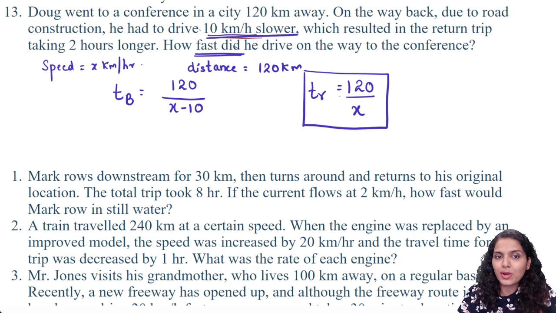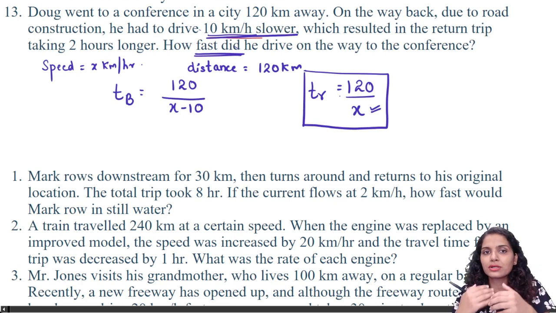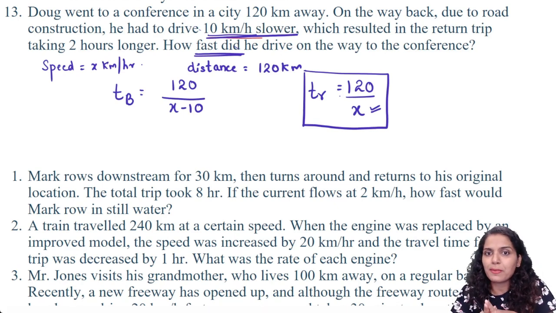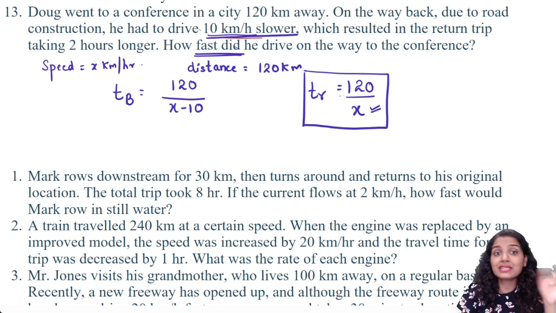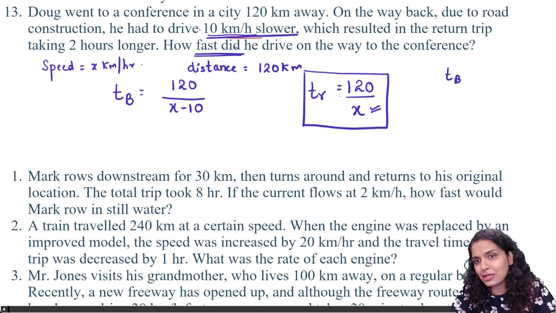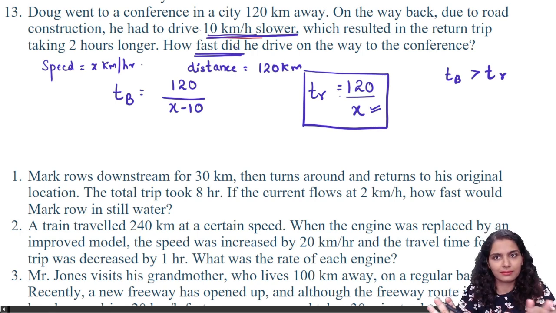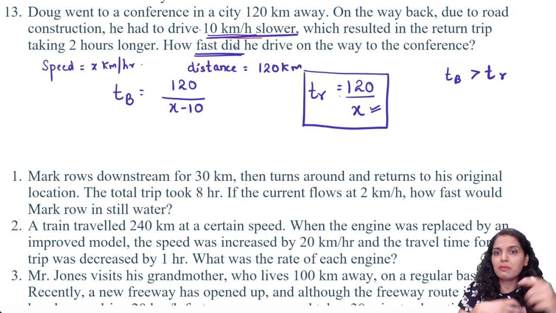But did you notice one thing? If I'm driving with x kilometers per hour speed, then the time is tr. And if I'm driving with x minus 10, slower, then the time will be more, right? So can I say that tb over here is greater than tr? Yes, tb, the time taken to return, will be greater than tr.